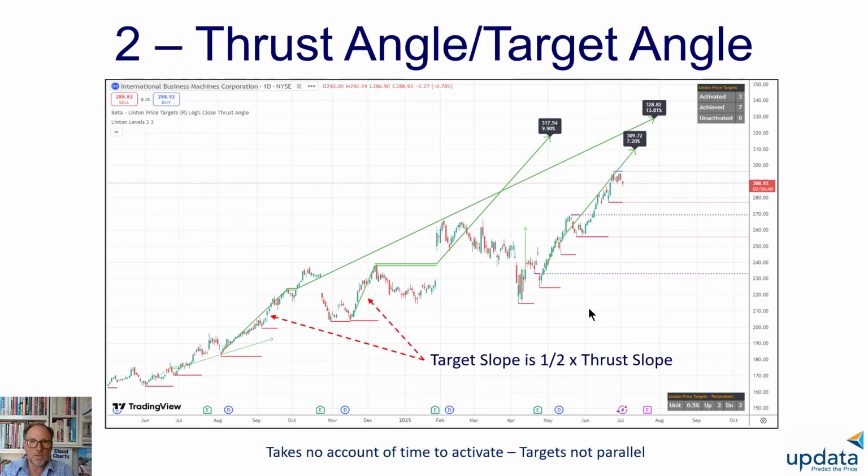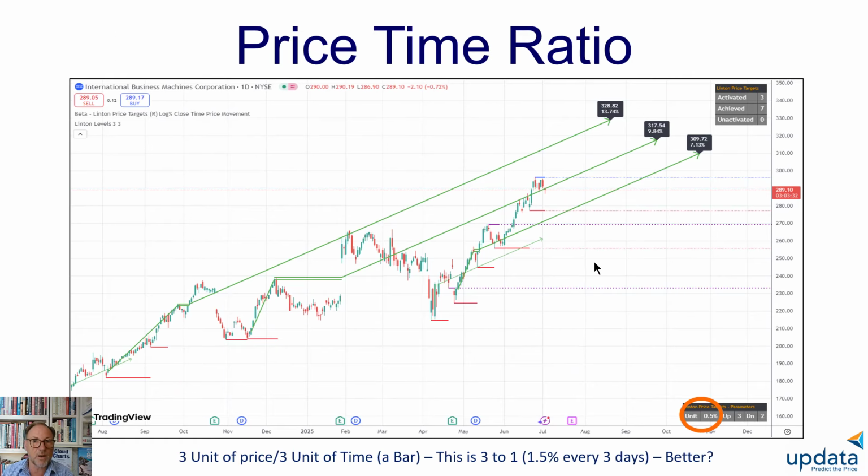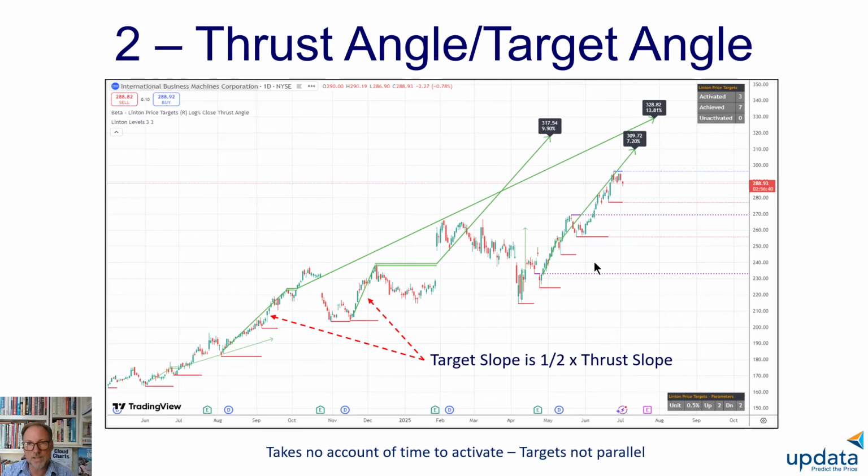Thrust angle is where we work on the basis that the faster the thrust, the quicker we'll get to target. It's just an assumption, and you can now see that these targets are not parallel. They were parallel in the other example because we're using the same ratio on all targets. Now we're using a half slope of the angle.